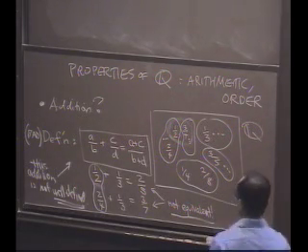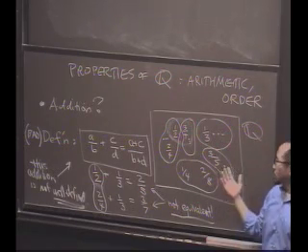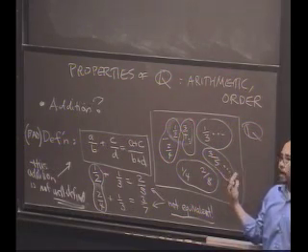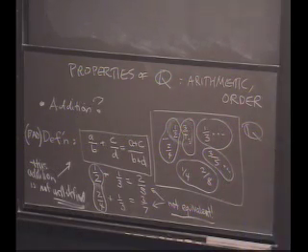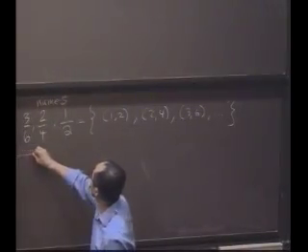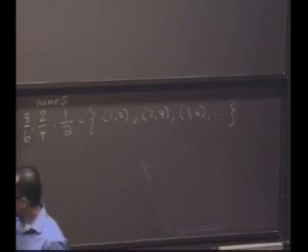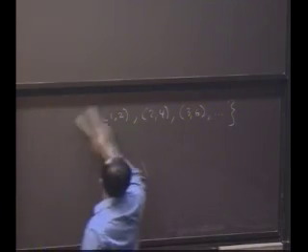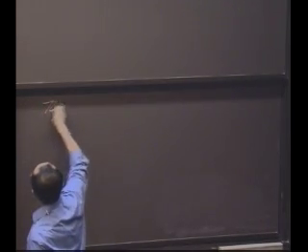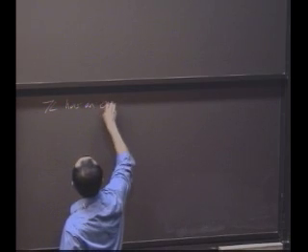Now, I have this thing, Q, that extends the integers, but the integers also have another property. What's another feature of the integers? Yeah, there's an ordering of the integers. So Z has an order.